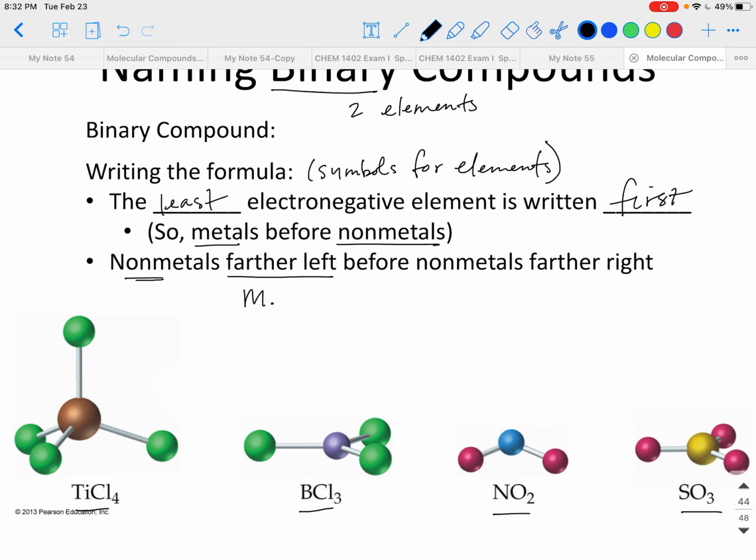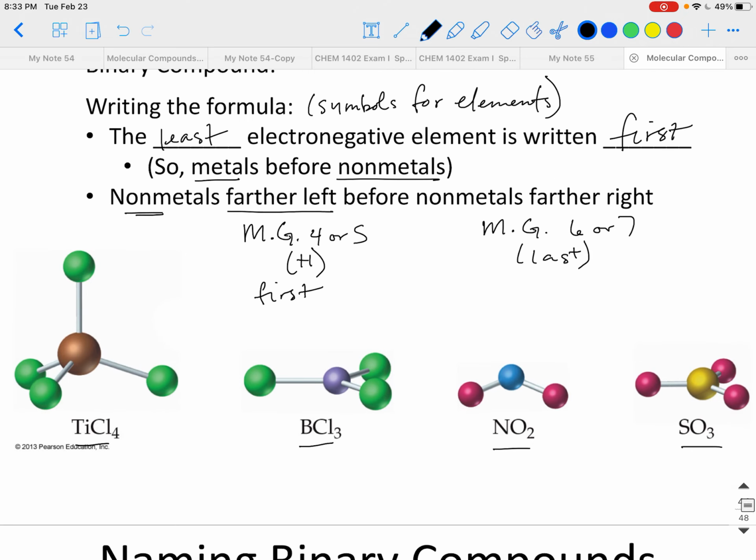So, for example, elements in main groups like main groups 4 or 5, further left on the periodic table. Hydrogen would be included in that as well because it's a nonmetal. Before elements further right. So that would be, for example, the elements in main group 6 or 7. So these would be written last, and these would be written first.